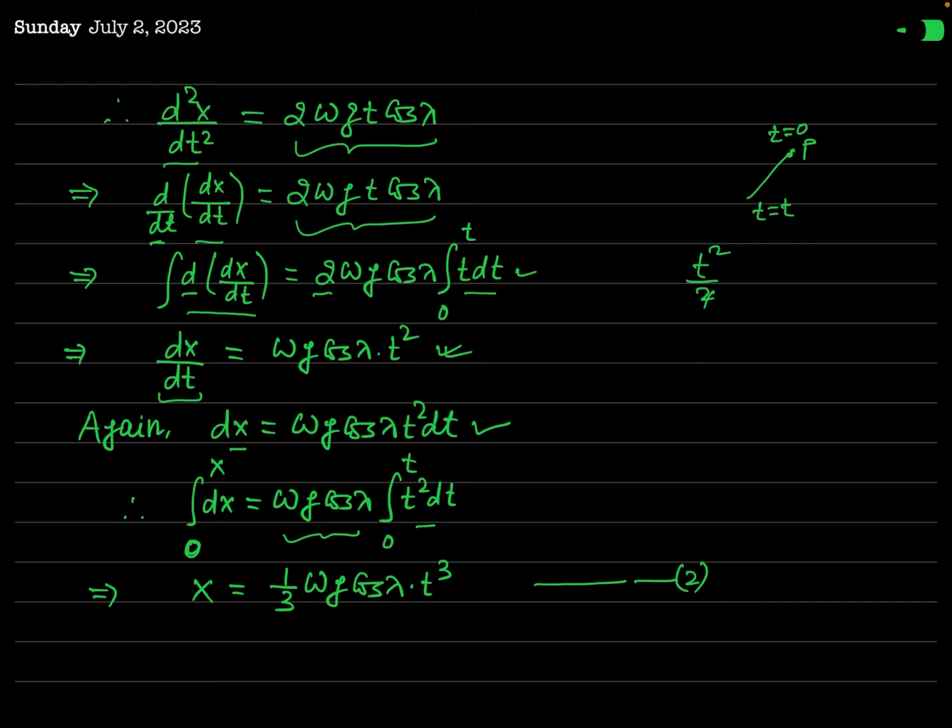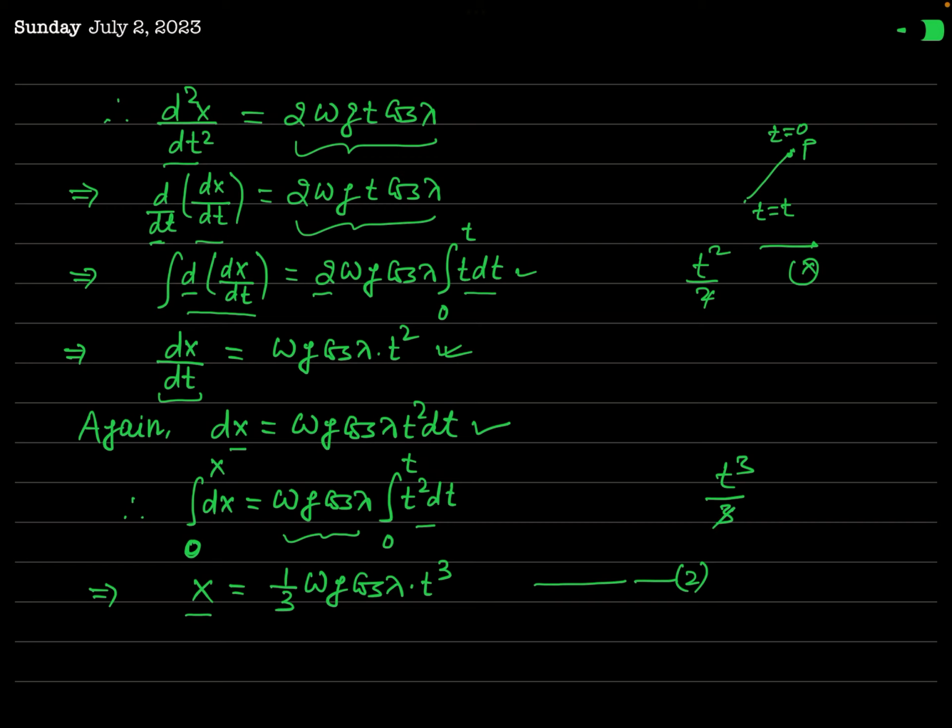And we suppose when t is equal to t, the particle is very close to the surface of the earth, then the time is t, and we assume that at that time our particle has been displaced in x direction by x. So the upper limit for dx is x. Now you can see after integration what our result will be. On the LHS you will write x, because the integral of dx from 0 to x is x, and the integral of t square will be t cube by 3.